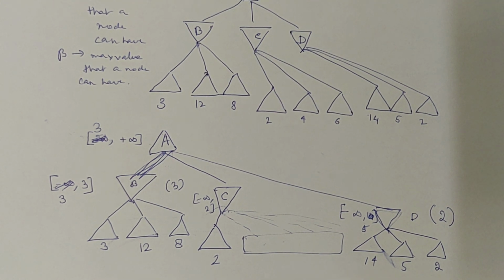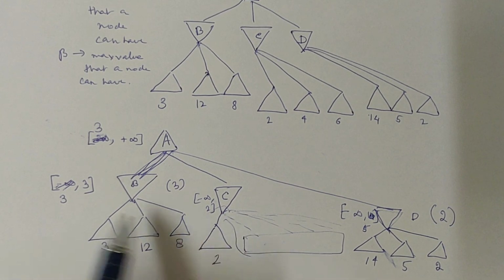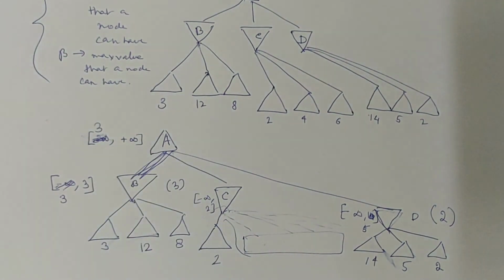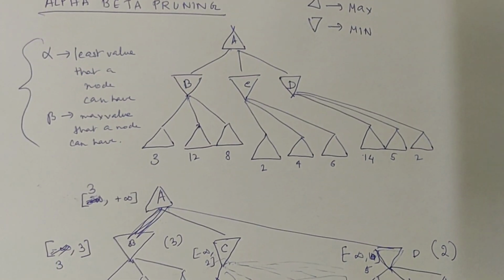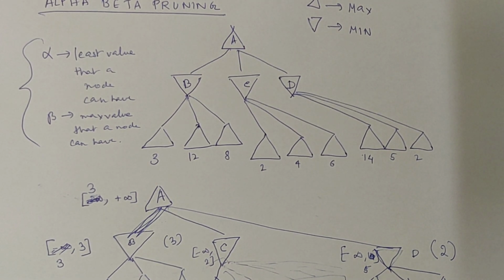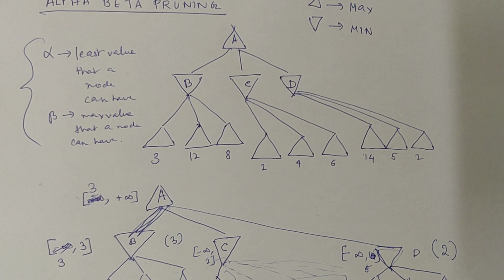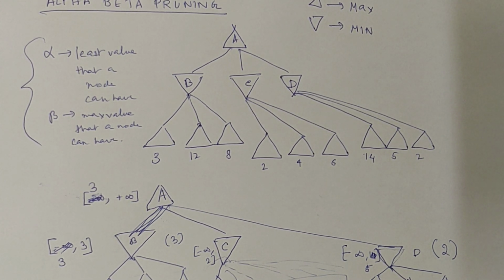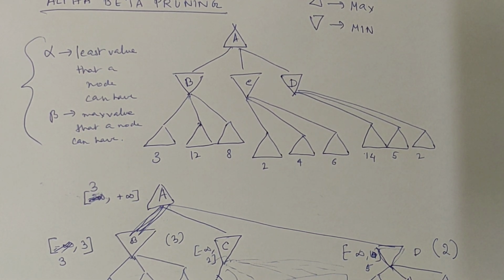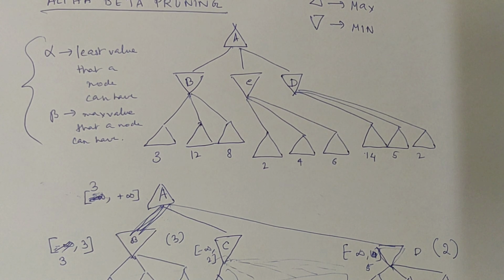What I wanted to show you here is how the alpha and beta parameters are used in alpha beta pruning to logically understand which subtrees are not required for exploration at all. So this is the algorithm of alpha beta pruning. I will give you another exercise for alpha beta pruning.